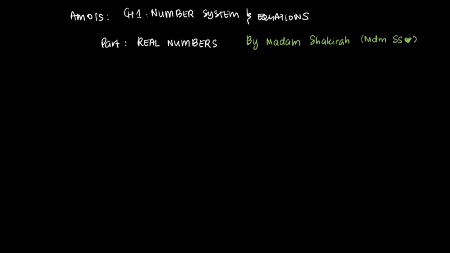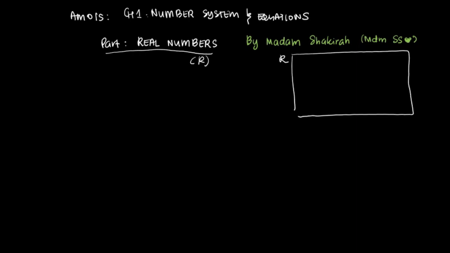For this part we will focus on real numbers. Real numbers are notated by the symbol R. You must know that inside the real numbers we have a lot of things. So I can say that the real number is a sample space.